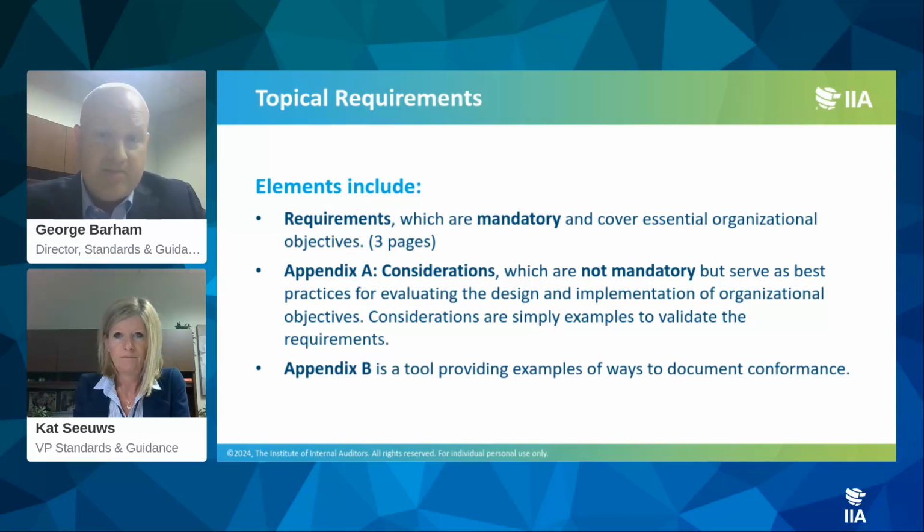And then Appendix B is basically a tool or sort of like a checklist that can be used. It's not intended to be a detailed audit plan. It doesn't have everything that should be considered. But feedback we've gotten from our members has been, hey, can you include something that can help me get started on this, and just as a jumping off point as I start to look at this topical requirement.